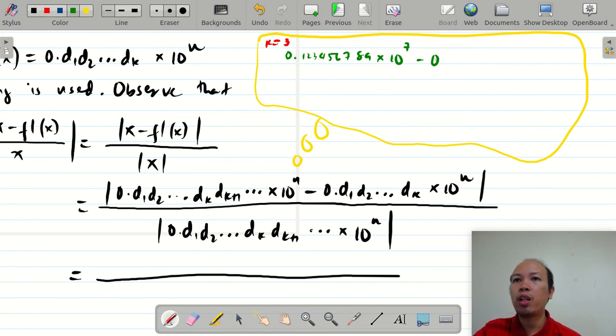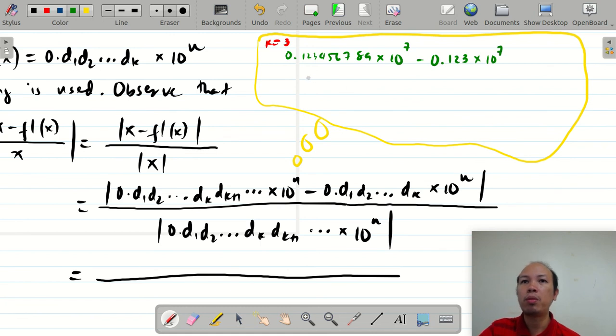So our answer here is 0.123 times 10 to the 7, since we use chopping and k is equal to 3.